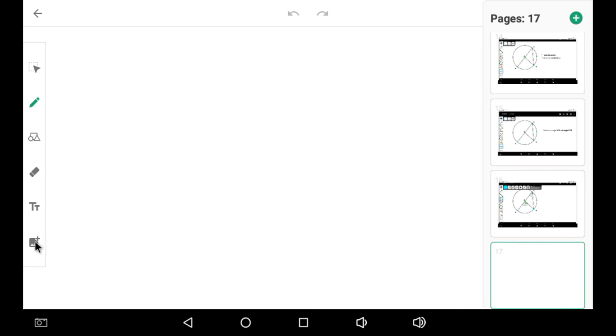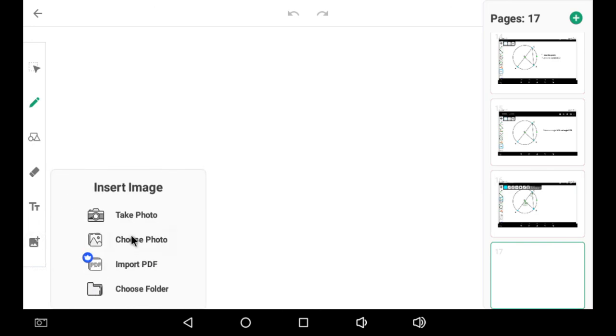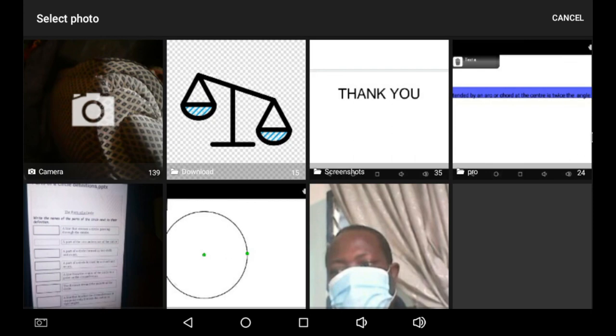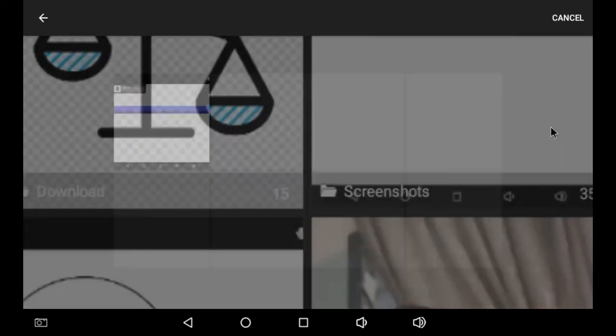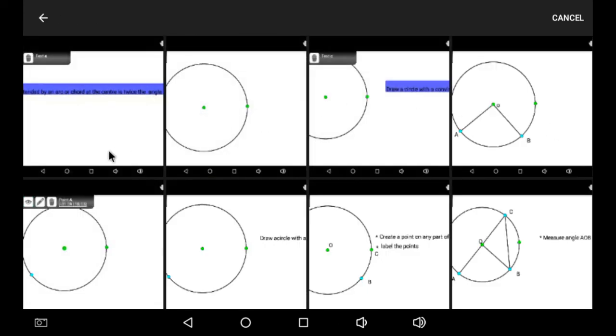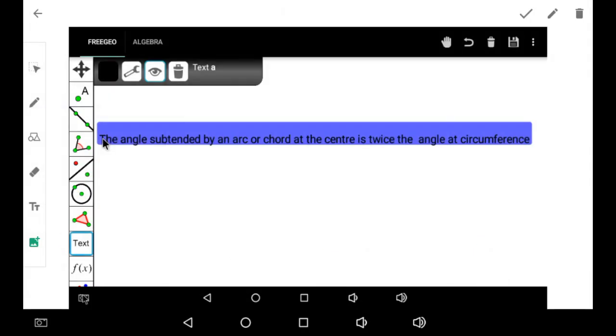So you can see that the angle subtended by an arc or a chord at the center is twice the angle at the circumference. You can see that safely.